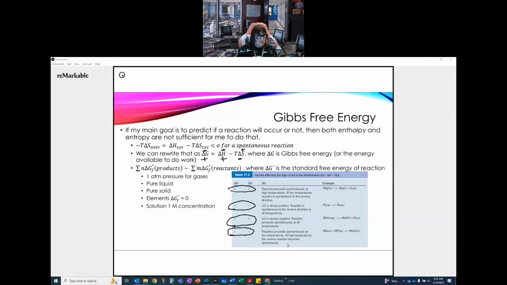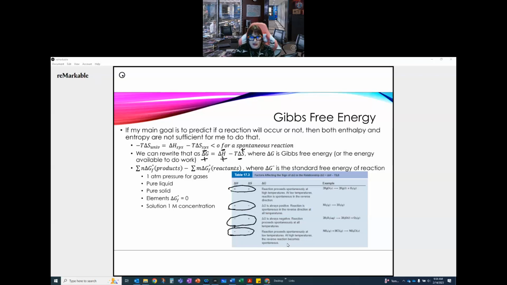Now, this table is not provided to you. Why? Because I'm going to be asking you, if delta H is this and delta S is this at this temperature, is this going to be spontaneous? If delta H is this and delta S is this, what temperatures would make this spontaneous, high or low? Things along those lines are what we're going to be talking about. So we'll go through some examples for that.